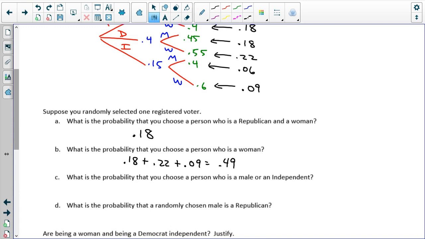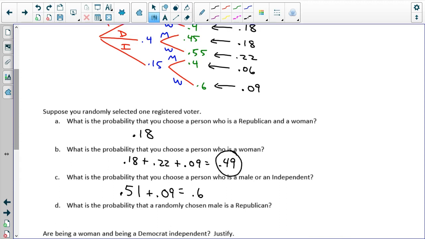What's the probability that you choose a person who is a male or an independent? So I just found out that 49% were women. So in the binary calculations of this problem, we have 51% are men, and then I need all of the independents that aren't men in order to easily calculate this. So that ends up being 60% of all people were male or independent.